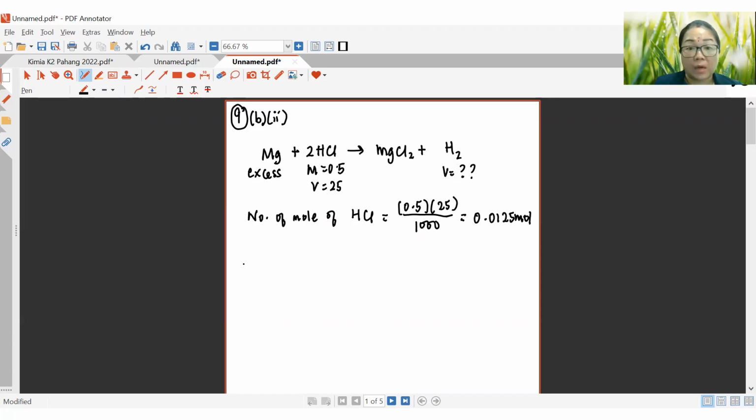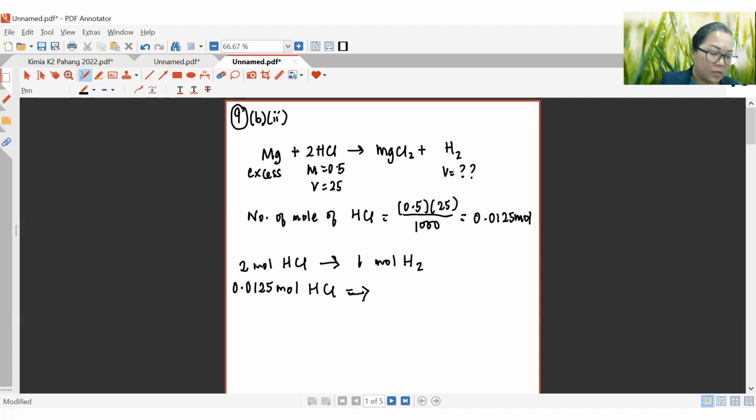Now there is one step that students always find a redundant step, but actually it's a step that gives you mark. 2 moles of HCl will produce 1 mole of H2. So in this case, 0.0125 mole of HCl, divide by 2, will produce 0.00625 mole of H2.